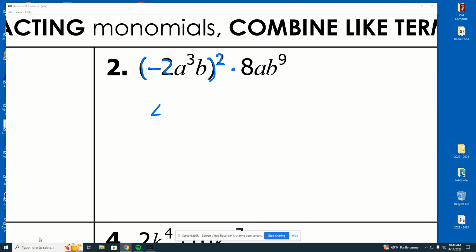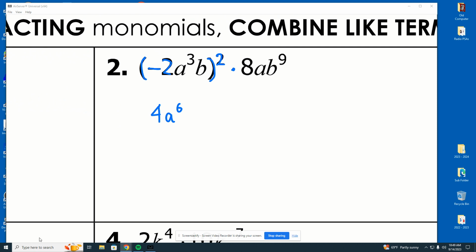4. So we treated the number like a number, but the exponents, am I going 3 squared? No. It's a power to a power. This is power rule. And what do we do in exponent rules when we have a power to a power? 3 times 2 is 6. It's like we have a cubed twice.